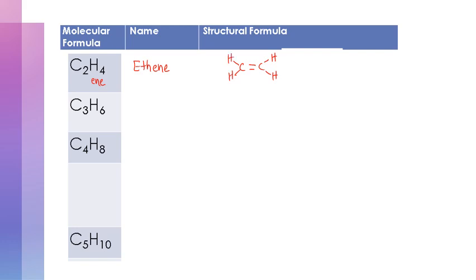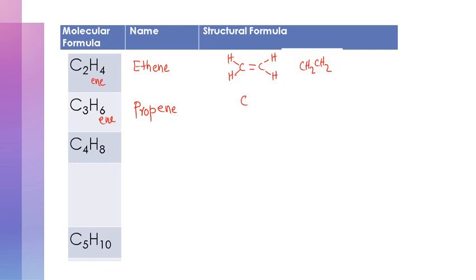So you can see that C2H4, right? So that means CH2, CH2, all right? And C3H6, 3 times 2 is 6. So that again is an ene ending because that's an alkene. So prop is the prefix, and the ending or suffix is ene, propene.